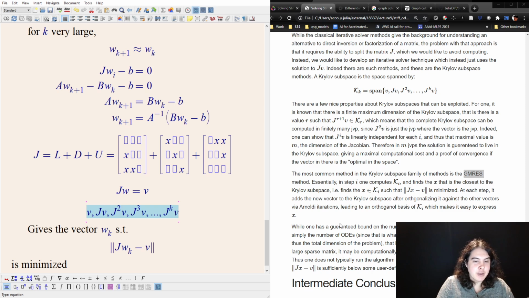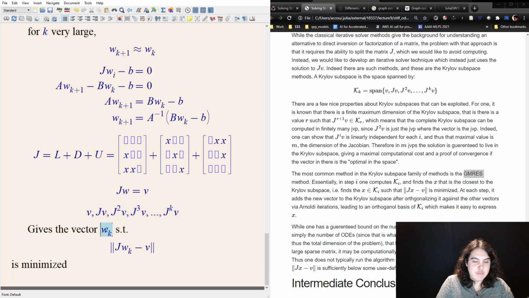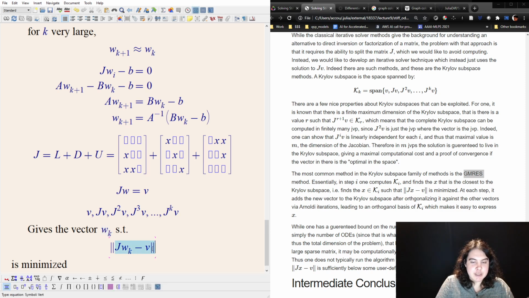Therefore, find w_k in the full space such that you minimize this, and so you can guarantee that from that many vectors, you can get the true solution out of here, right?